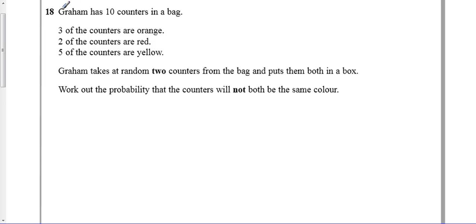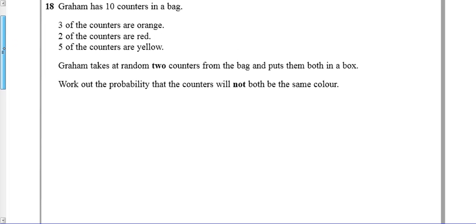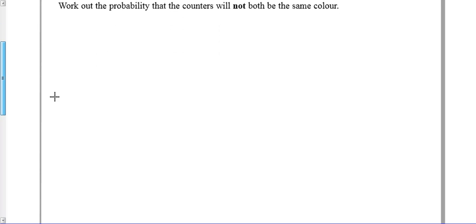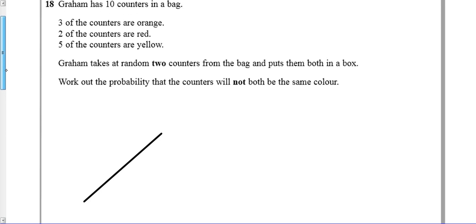Okay, nice probability question. Question 18, this is a tree diagram question, so let's draw a tree diagram. There's 10 overall. Let's get our framework right. Let me give myself a little bit of space. If I start here, I could have what are the colours? Orange, red, yellow.